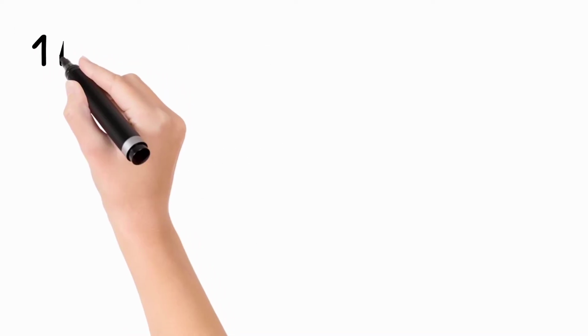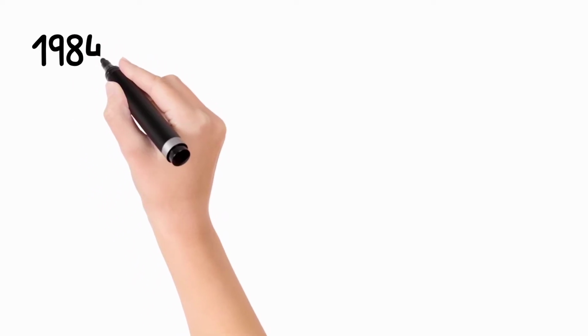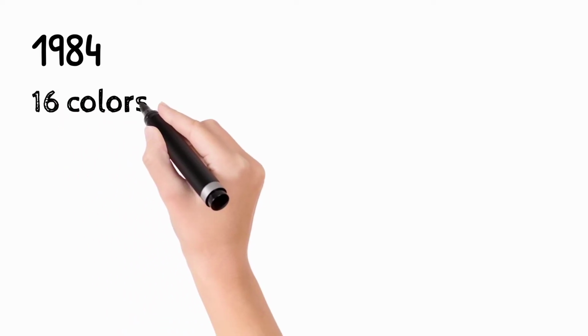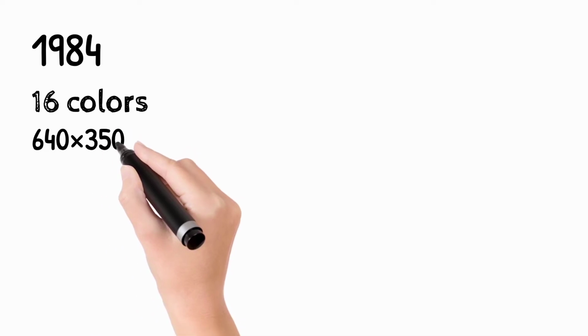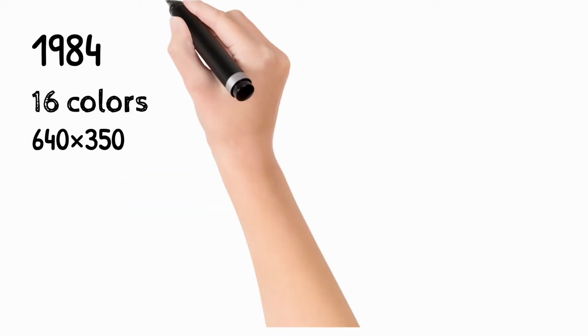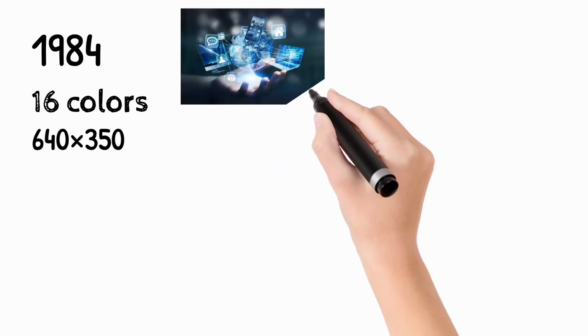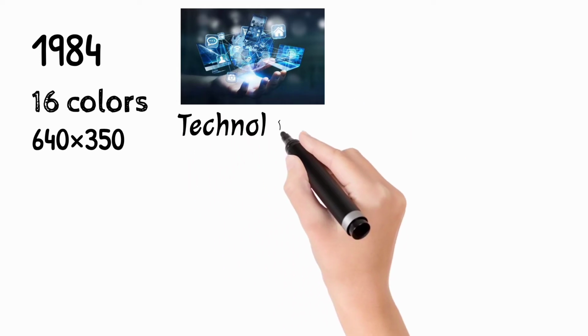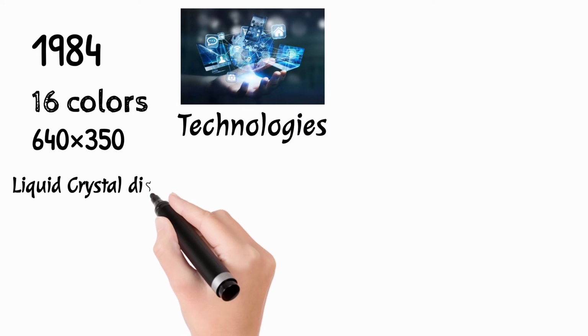In 1984, IBM introduced the Enhanced Graphics Adapter, which was capable of producing 16 colors and had a resolution of 640 × 350. There are multiple technologies that have been used to implement liquid crystal displays, LCD.